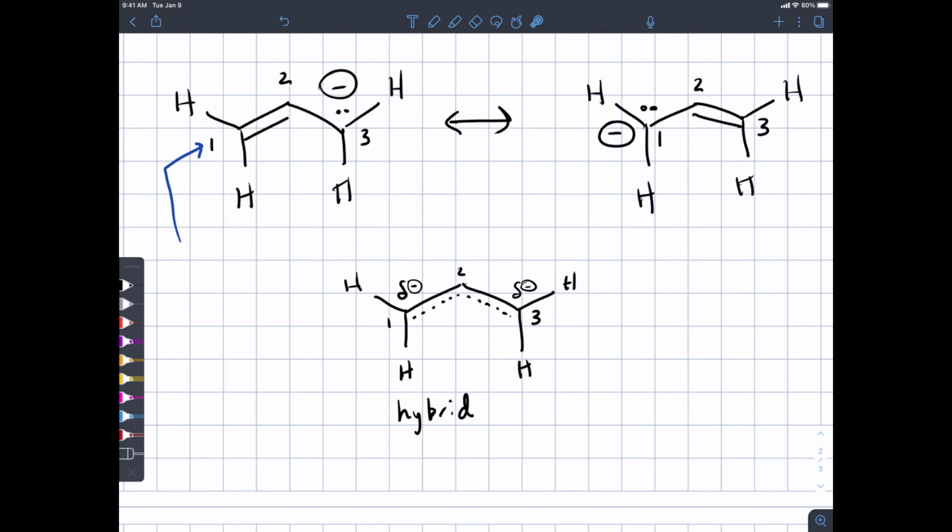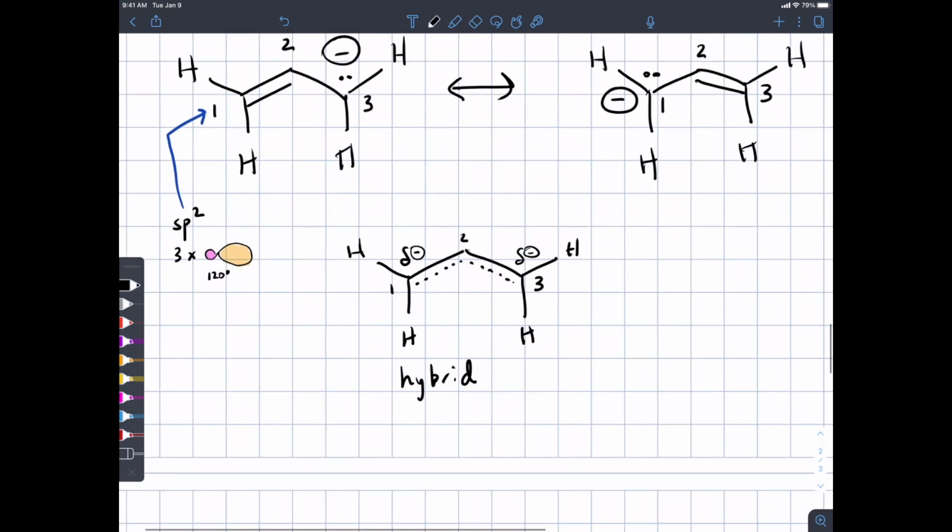An Sp2 hybridized atom has 3 Sp2 orbitals, which for our purposes look exactly like Sp3 orbitals, only they're a little more stubby, and they are oriented at 120 degrees with respect to each other. Left over is an unhybridized p orbital. Okay?